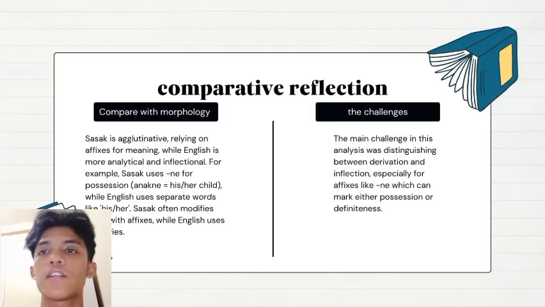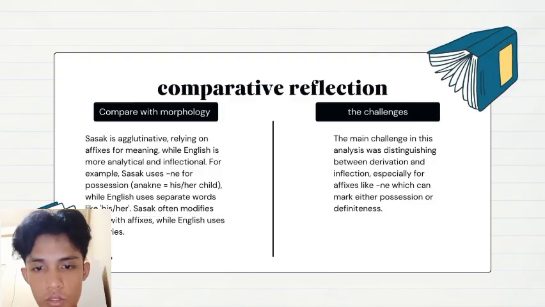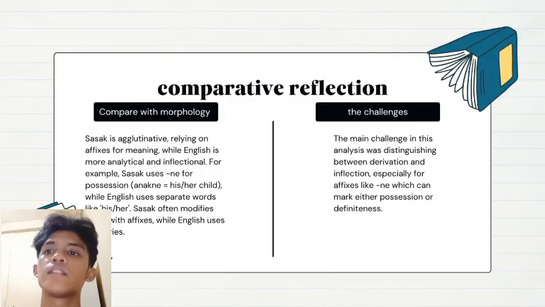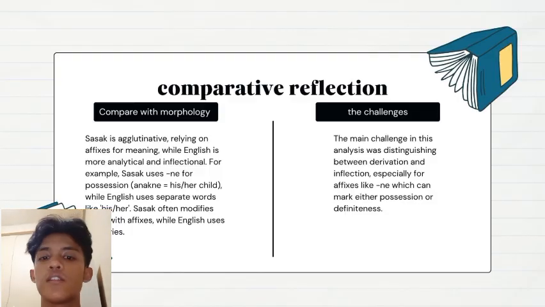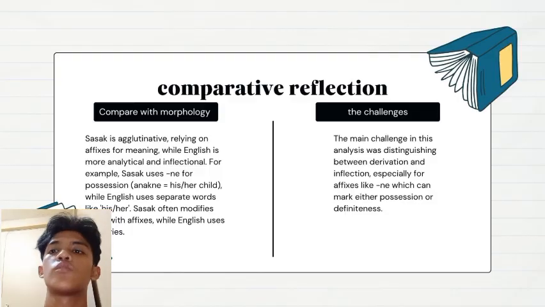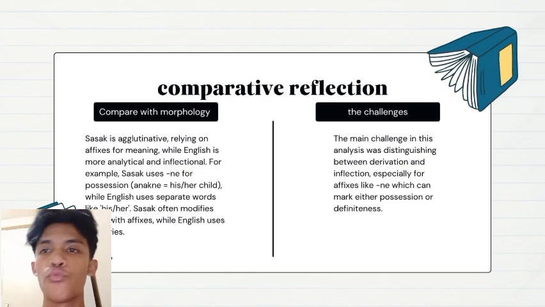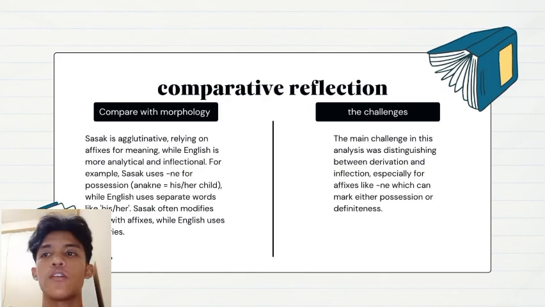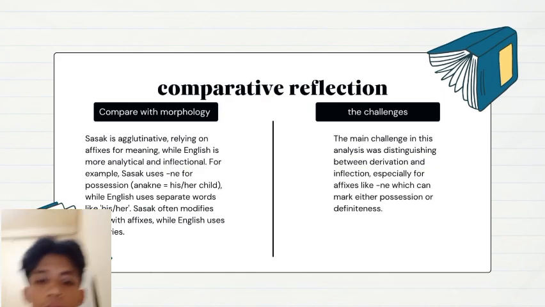For example, Sasak uses ne for possession, like anak ne, while English uses separate words like his or her. The main challenge in this analysis was distinguishing between derivation and inflection, especially for affixes like ne, which can mark either possession or definiteness.